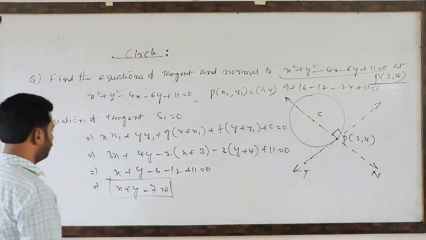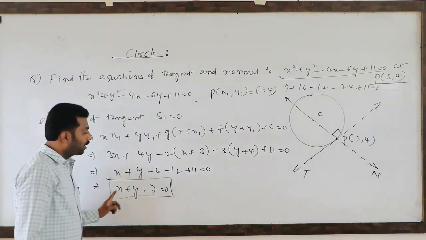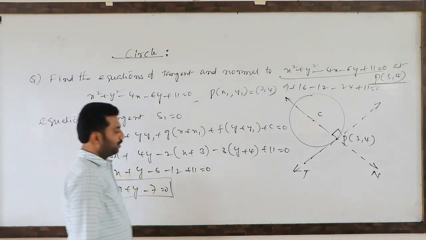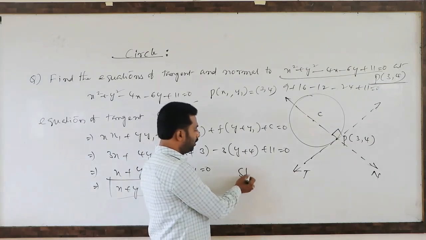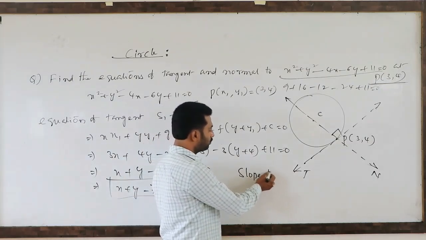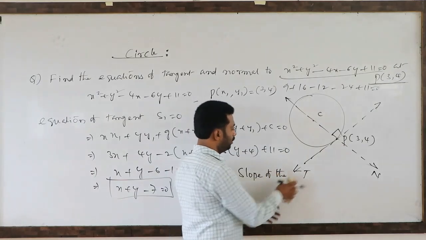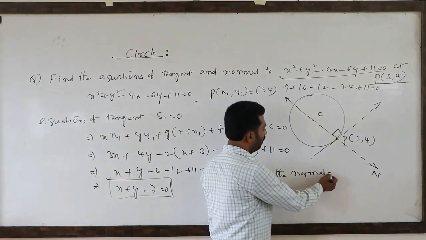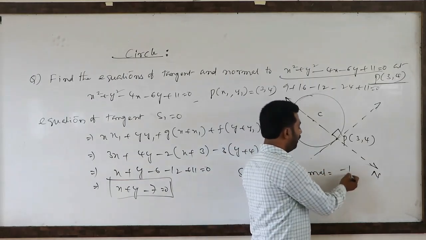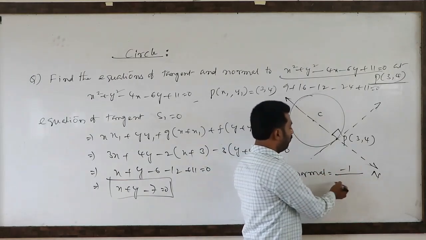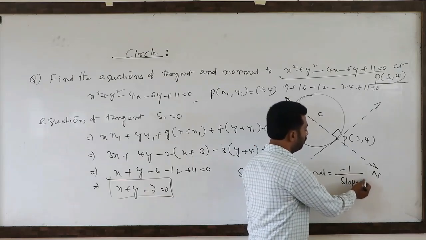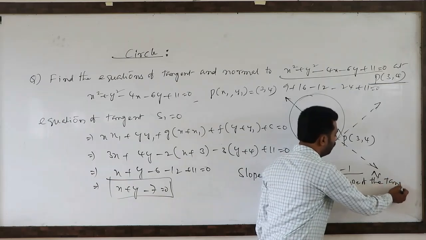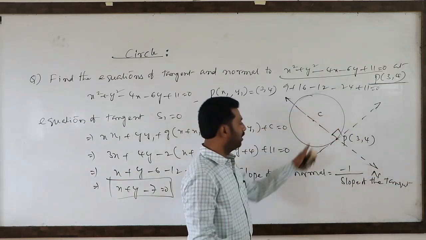Then how to calculate the equation of the normal? So what is the slope of the normal? Slope of the normal equals minus 1 by slope of the tangent, because these two lines are perpendicular.